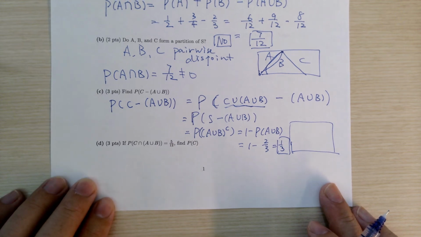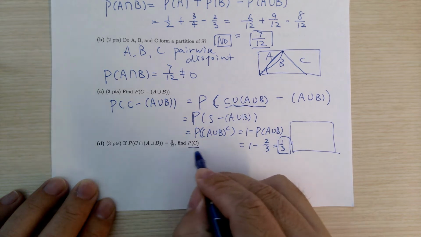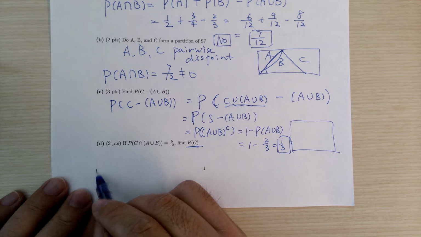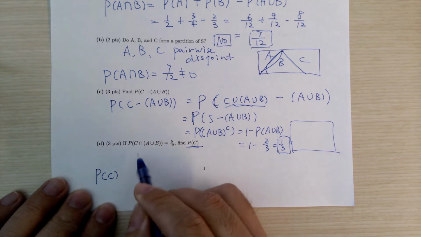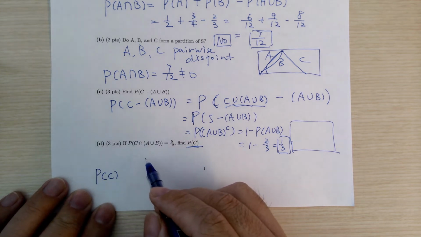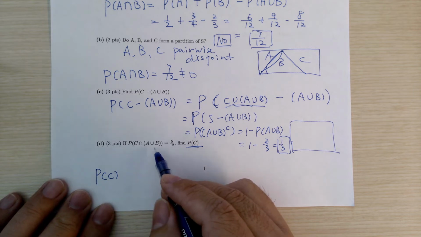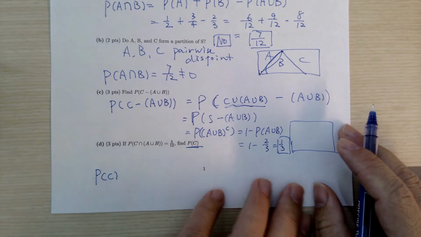It asks us to find out what is P(C). So P(C), and it gives us C intersect (A union B).